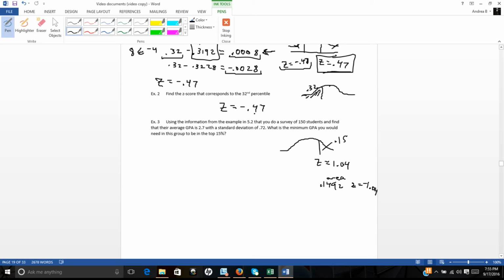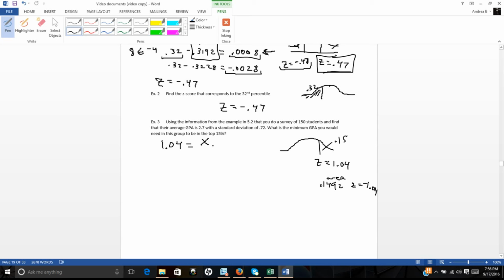So then the extra part that's a little bit different here in this section than what we had before is we know the z-score value in this case. We had the z-score is 1.04. So we can use our z-score formula, plug in what we know for the z-score. In this case, we're trying to find the value. We're trying to find the GPA value.